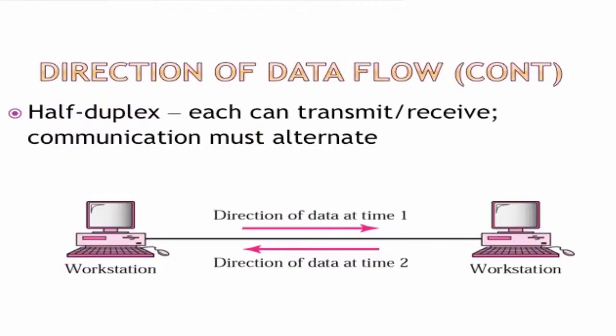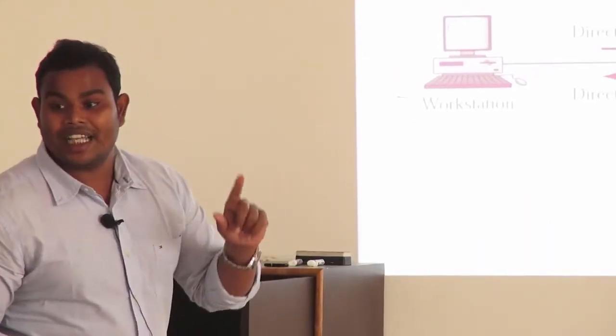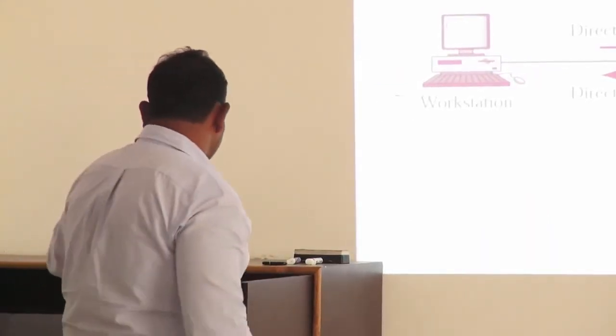Do you know what a walkie-talkie is? In a walkie-talkie, if one person is speaking, the other person should listen. Both things cannot be done. Two persons can't talk at a time. So one is sender and another is receiver. After a while, the second is sender and the first is receiver. Clear? So the direction of data is two-way, but at a time only one.